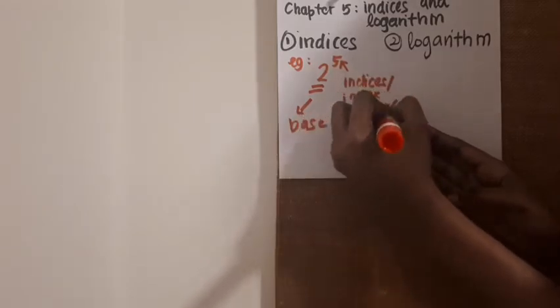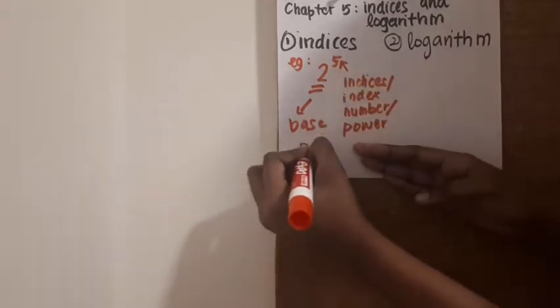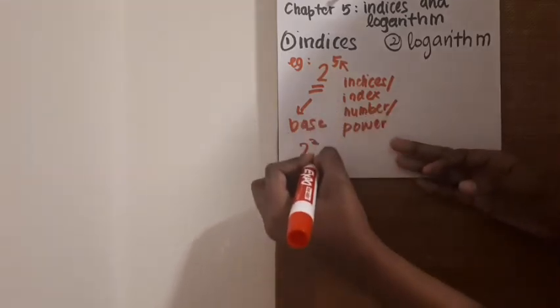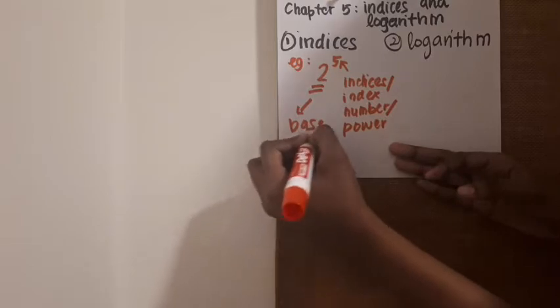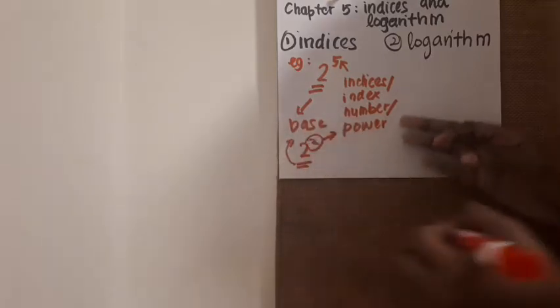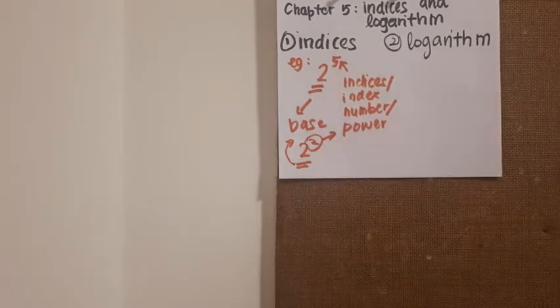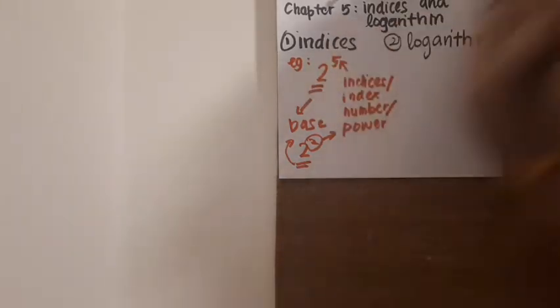You have learned this 2 to the power of 2. So this is the base here, and this is the indices, index number or power. So this is how indices work.